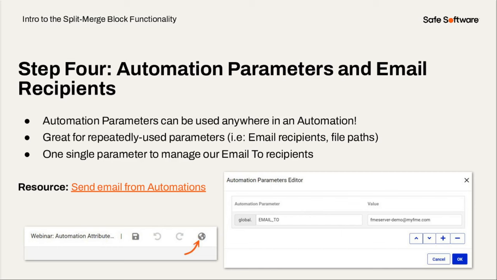You can think of the automation parameter as a global variable, and any parameter value that's used in multiple places is the perfect candidate for an automation parameter, such as email recipients. That way, instead of editing every value across your automation, you just have to update that one value and then you're done.